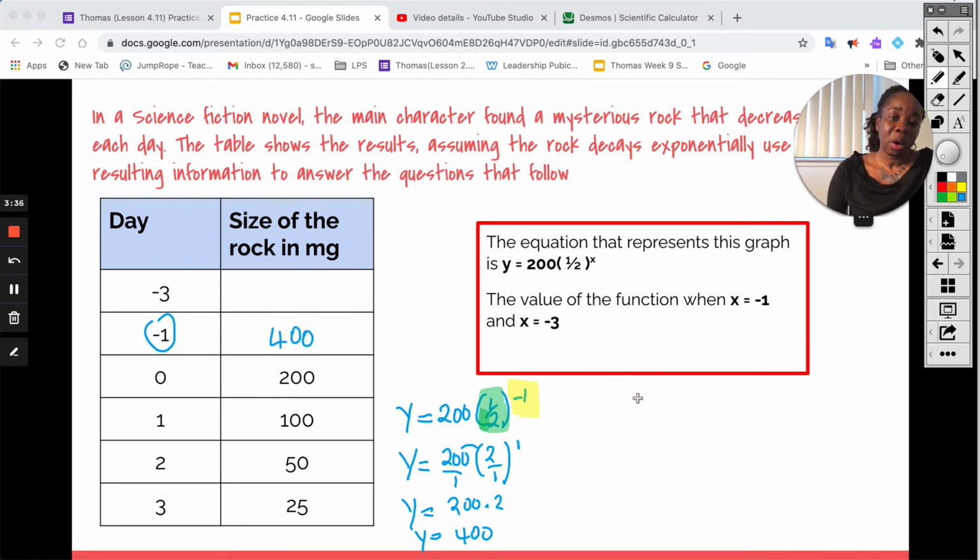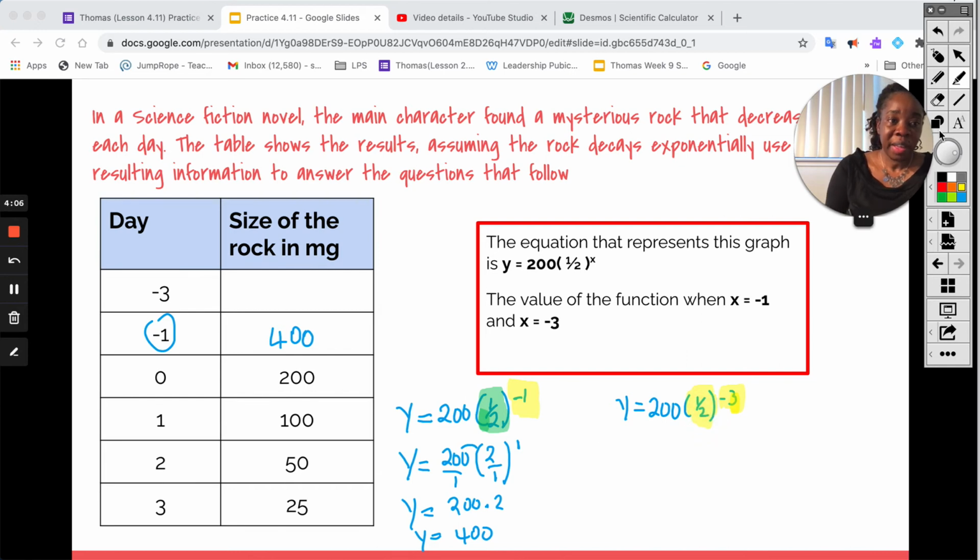They've asked us to also find it when x is -3, so we're going to do the same thing. y is equal to 200 times 1/2 raised to the -3. And again, what we know is that -3 tells us to take the reciprocal of our base number, the reciprocal of the decay factor.